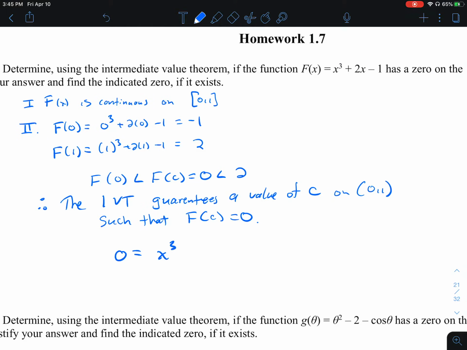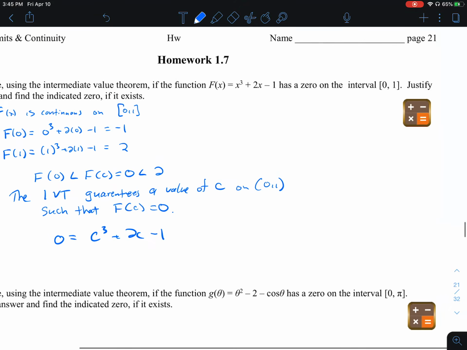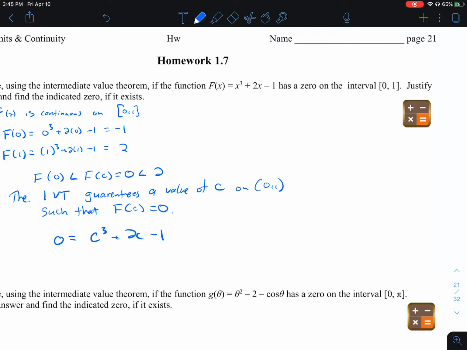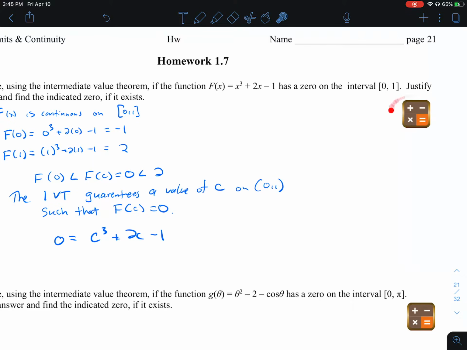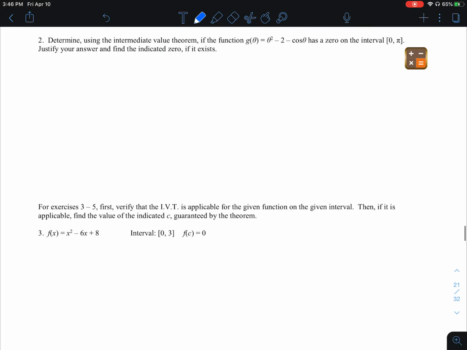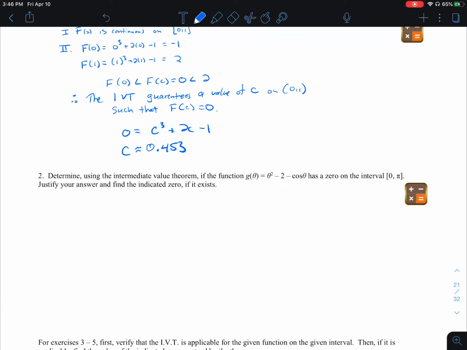So if I set 0 equal to this, and I'm putting a c in for this, since this is a calculator problem, I am permitted, this tells us the calculator problem, I can put this into y1 and look and see where this crosses the x-axis, specifically where it crosses between 0 and 1, by doing second calculate 0, and I would find that this is about 0.453. Finished.